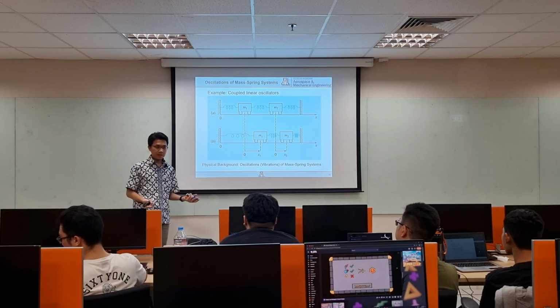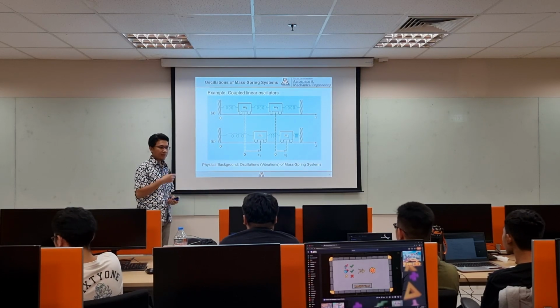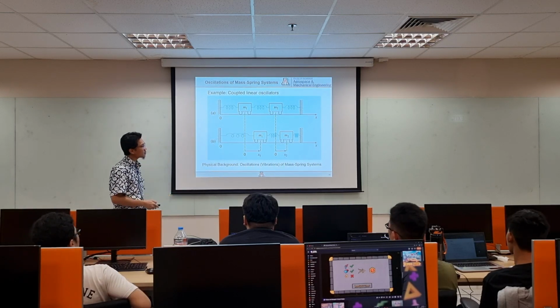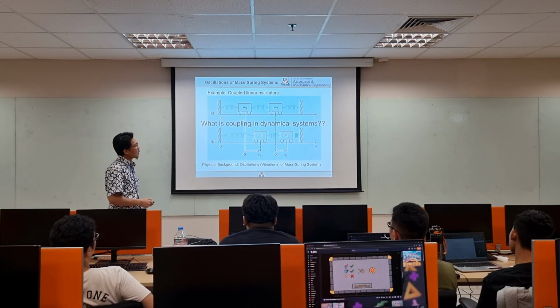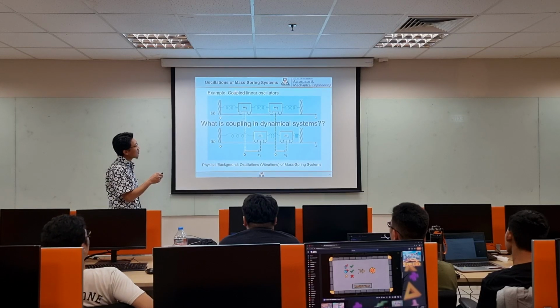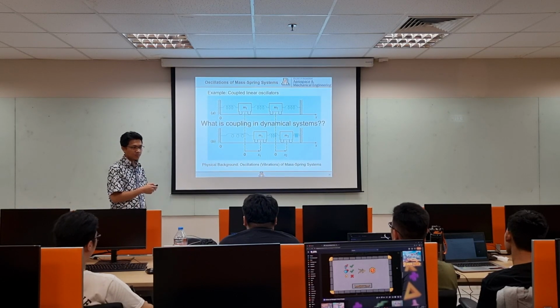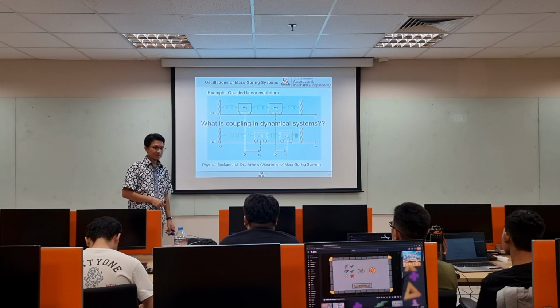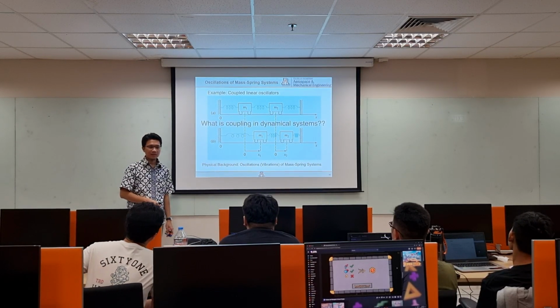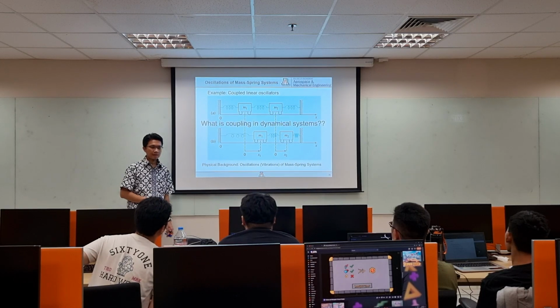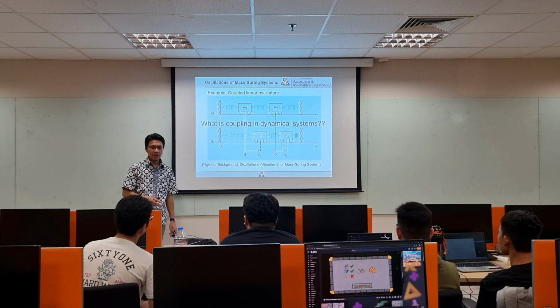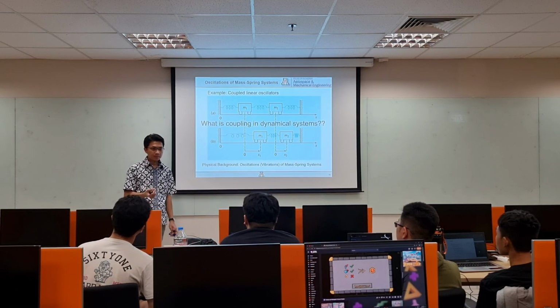But how they oscillate, we have to answer that through solving the differential equation. You see the word here, coupled. What do you know about coupling in this case? Have you seen couples? Yeah. What happened with them?